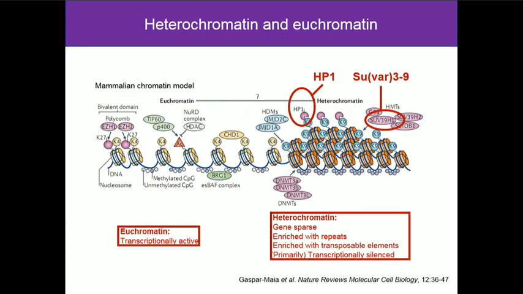The other key aspect about heterochromatin, of course, is the fact that we call it heterochromatin because it is a chromatin state. Namely, you can't talk about this without talking about the fact that there are other proteins, there are histone modifications, there are aspects of methylation of the DNA. The sort of whole epigenetic landscape is different between what we classically call heterochromatin versus euchromatin. And the key signatures of heterochromatin, besides the binding of a couple of key proteins, namely HP1 and SUVAR39, which happens to be a H3K9 methyltransferase.